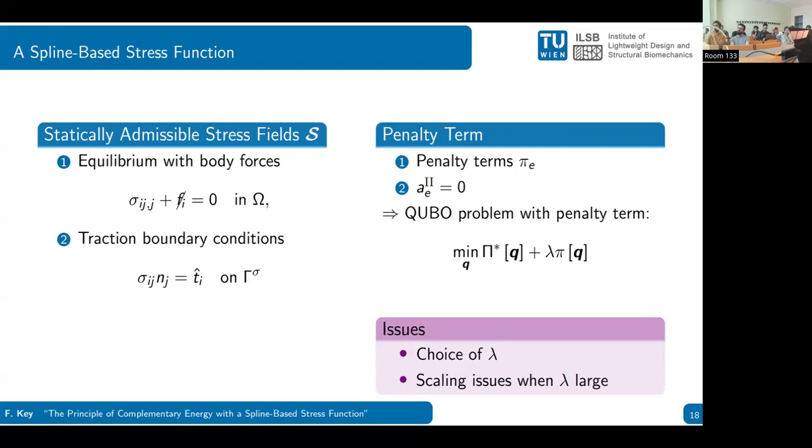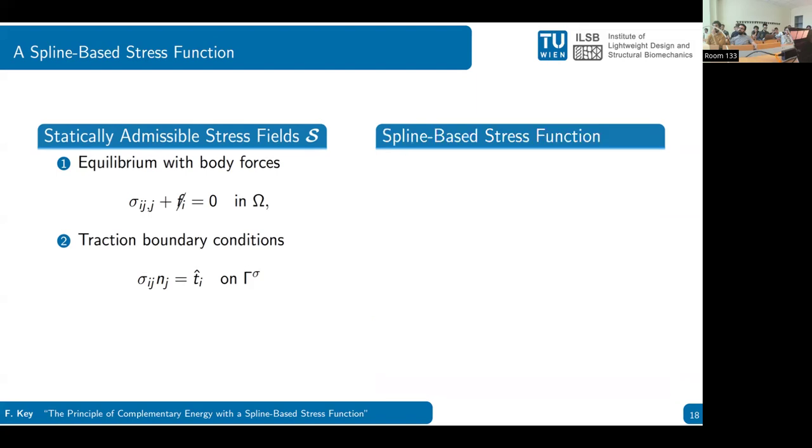But as known in practice, this can lead to some issues. How to choose lambda in any penalty method is usually the question that nobody can answer. Also, you would like to choose lambda as large as possible, but this can also lead to scaling issues. Okay, so we are looking for an alternative technique. We would not like to use this penalty term, and that's where this spline-based stress function comes into play.